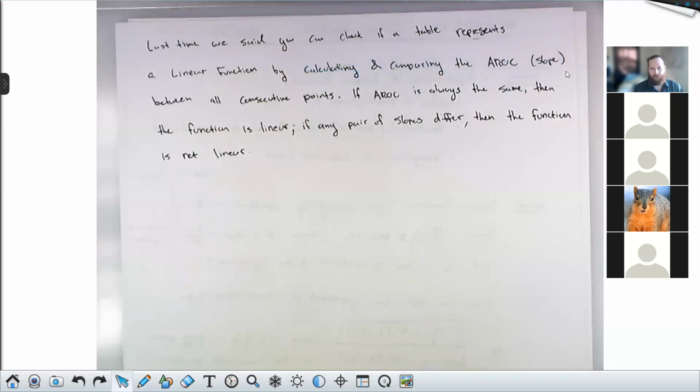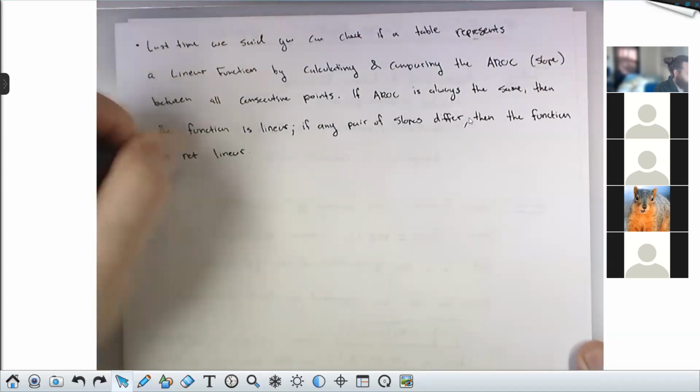And maybe the slope is like 2 for a bunch of those points, but then it's 2.1 for one of those point pairs, and it's like 1.7 for another. It's not always constant, but it's pretty close. You get some data that's not exactly linear, but it's close to being linear. And one of the things that mathematicians, specifically statistics people, really like to do is find the line that kind of best fits that data.